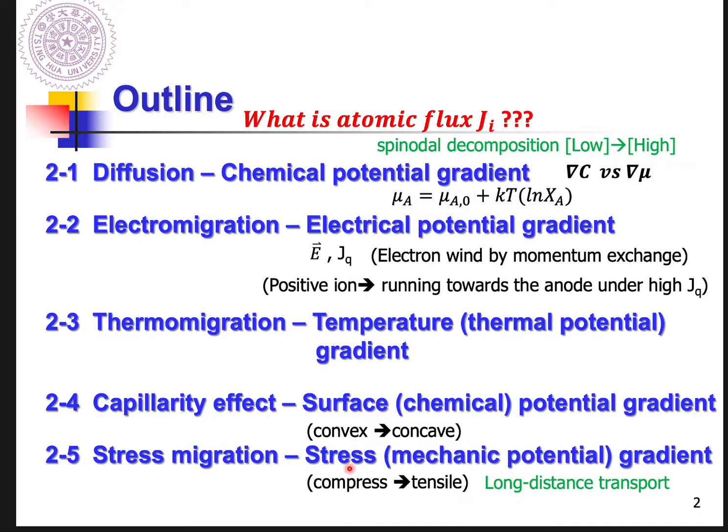So in order to minimize the free energy of the system, the atoms move from the compressive region toward the tensile region. Okay, so how to deal with two or more driving forces at the same time, and how these driving forces will affect the atomic flux, we are going to talk about in the following slides.